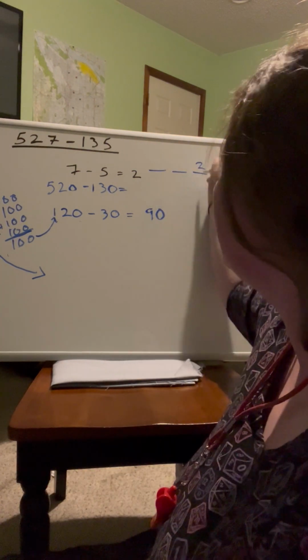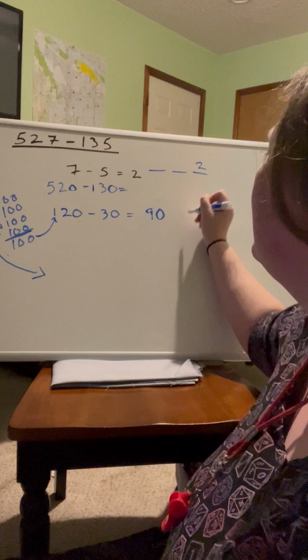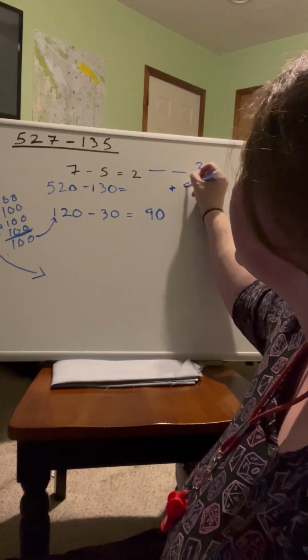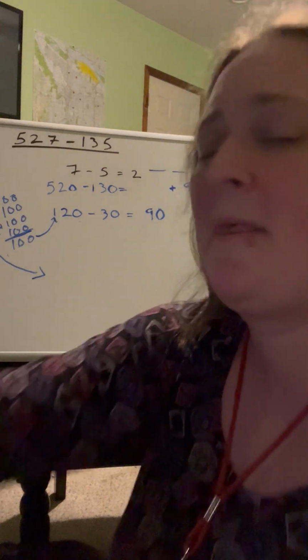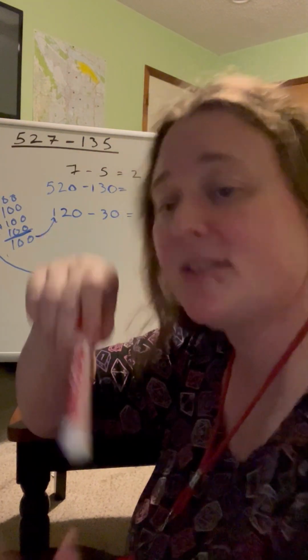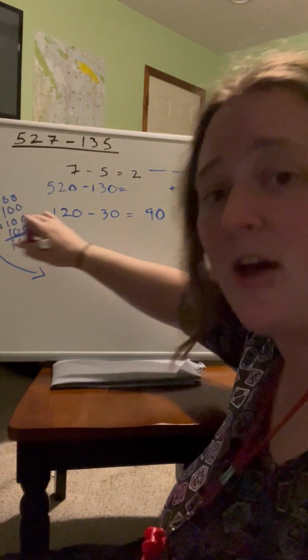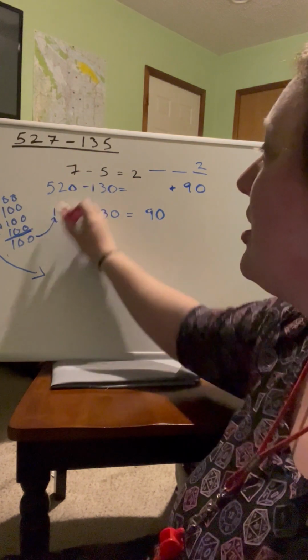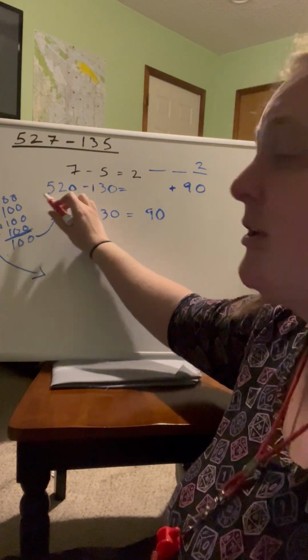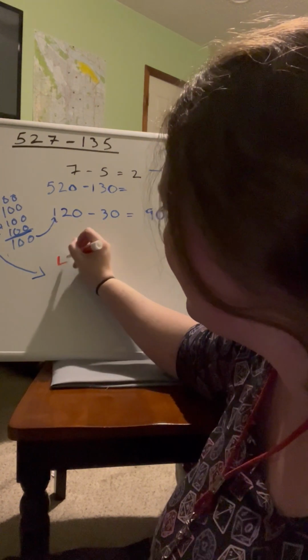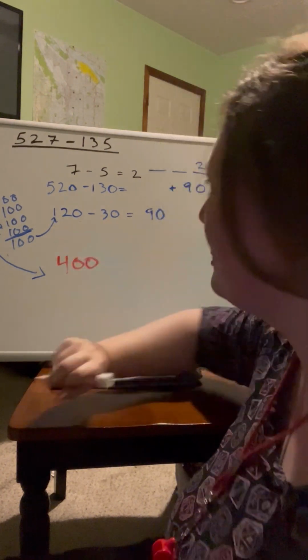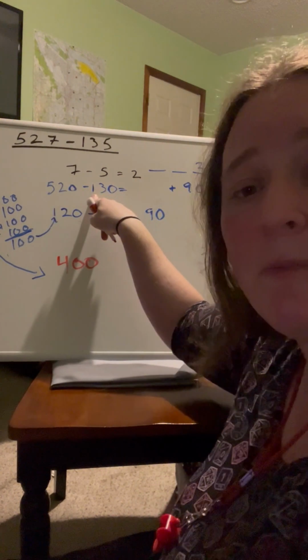So we can say, here's our 2 over here, 2 plus 90. But we've still got a few things to look at here. We've got all these hundreds over here. Now, our 5 is now 1, 2, 3, 400. And we still got the 100 up here.